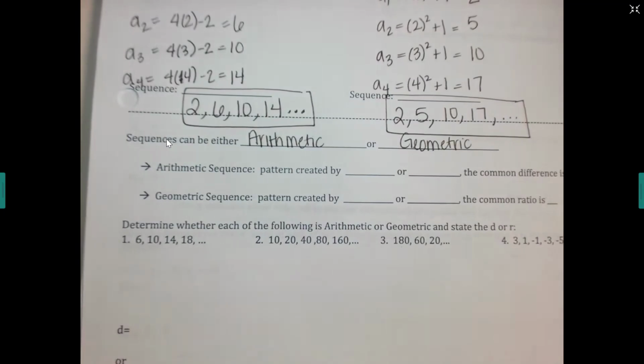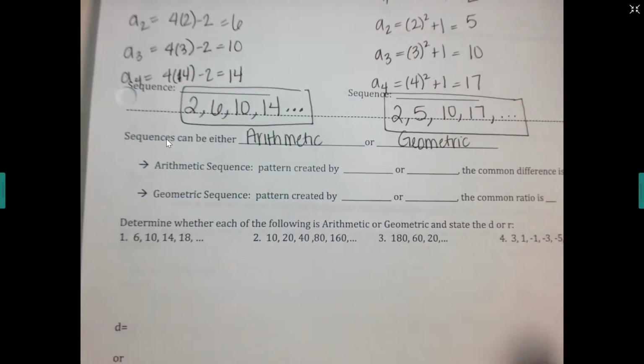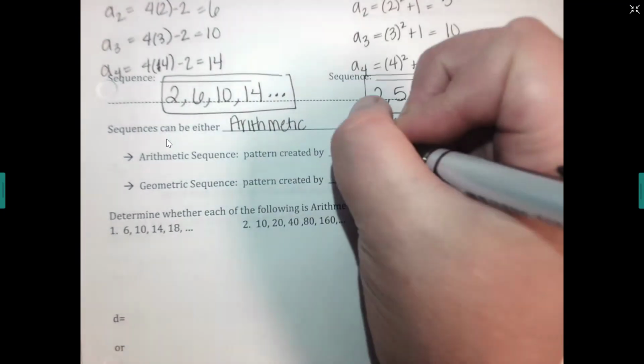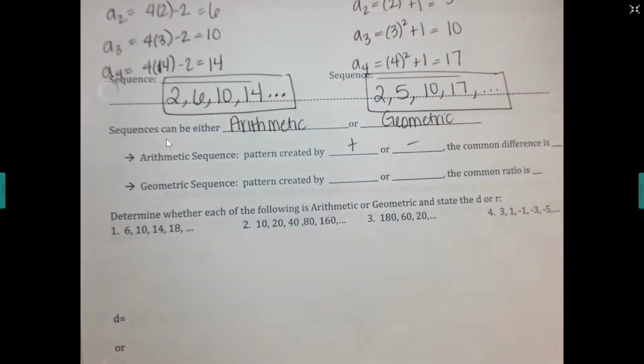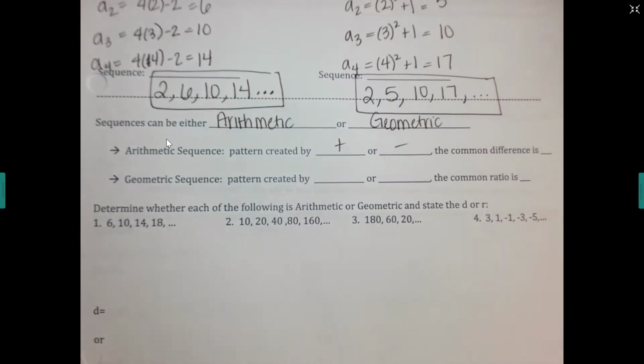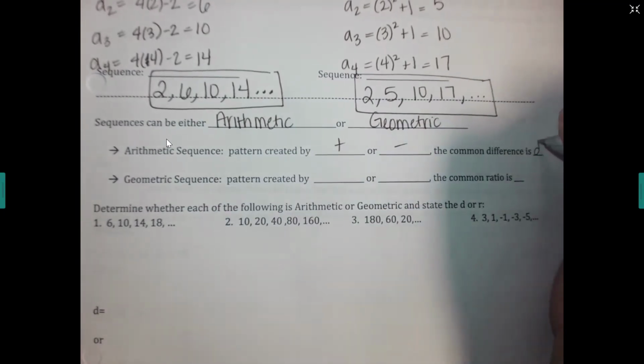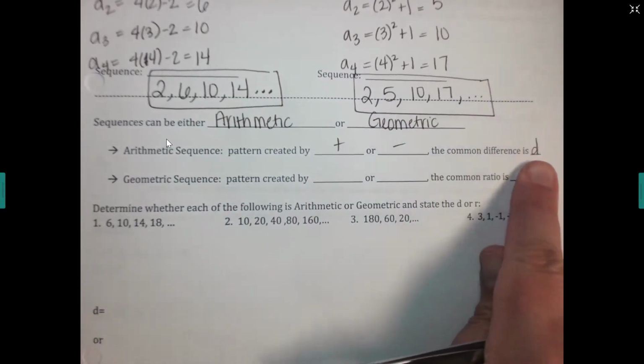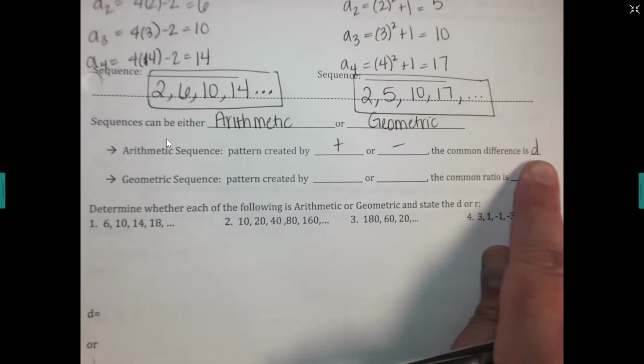It is considered an arithmetic sequence if the pattern is either plus or minus the same number every time. If it's a plus or minus pattern, you're going to call whatever that number is the common difference, or D. So it could be like plus 2 every time or minus 10 every time. Either one of those would count as arithmetic.